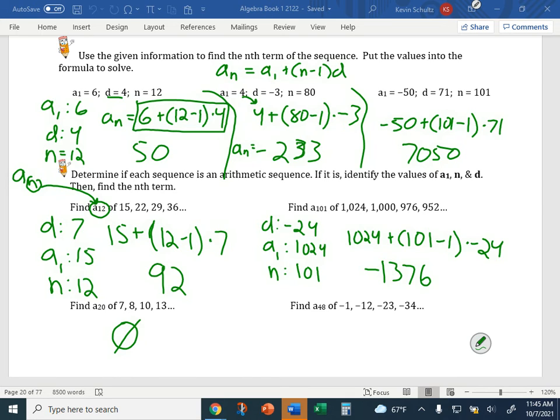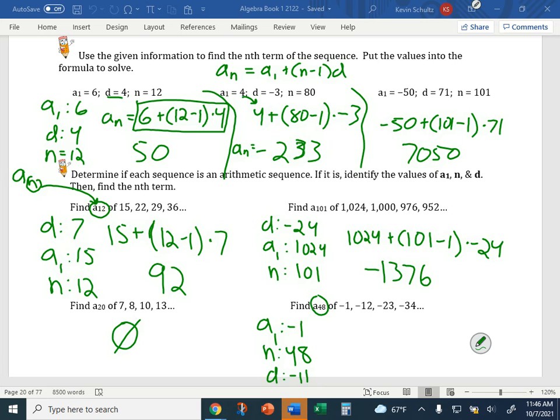The last one, it says find A48 of negative 1, negative 12, negative 23, negative 34. Our first term is negative 1. That's where we start. The term we're looking for is the 48th term, and we get that from that A48 there. And our pattern, we are subtracting 11 each time.